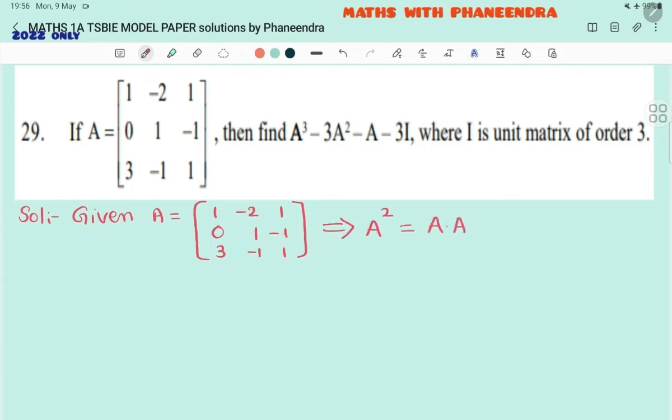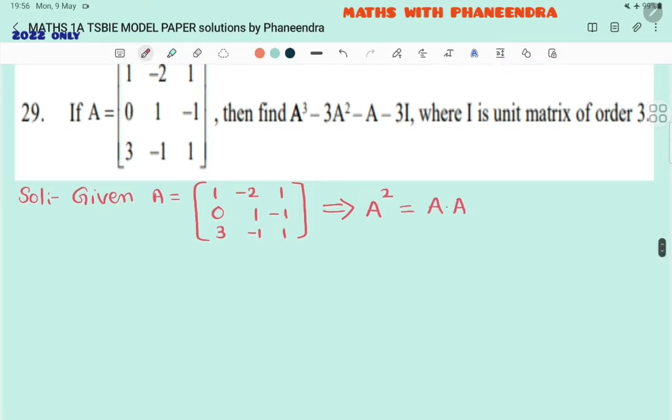A into A. So A square is equal to [1 -2 1; 0 1 -1; 3 -1 1] into [1 -2 1; 0 1 -1; 3 -1 1].